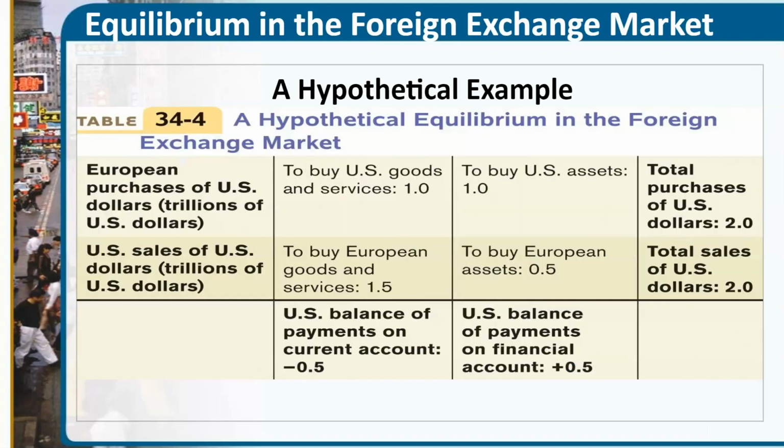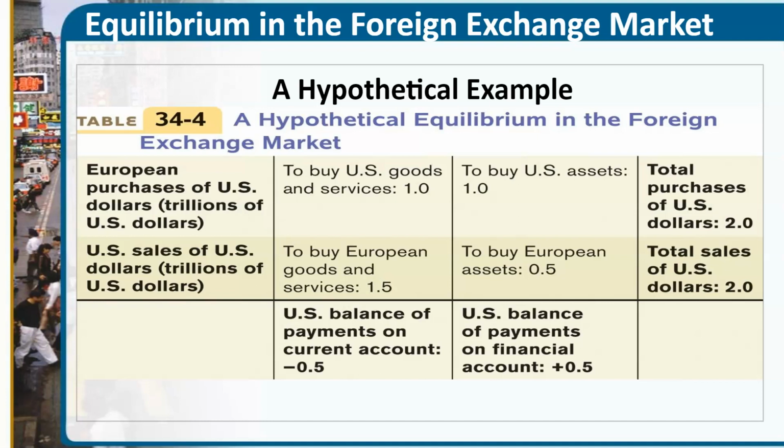So a way to think about this then is when we look at buying goods and services, Europe is going to purchase U.S. dollars in terms of buying U.S. goods and services, and that would help the current account. If they bought U.S. assets, that would help the financial account, the third column that we see there.